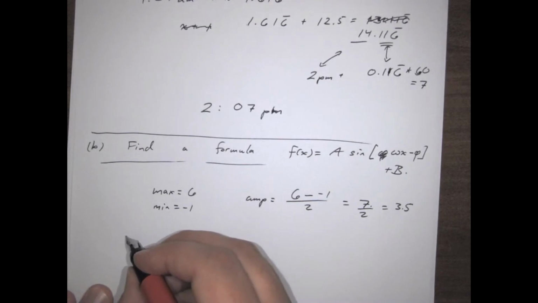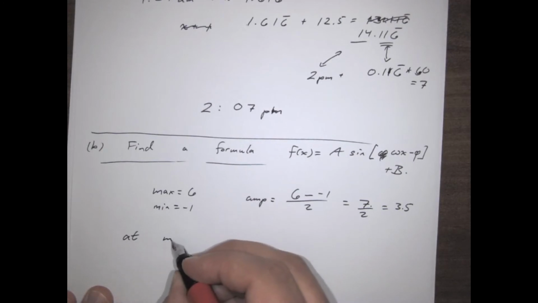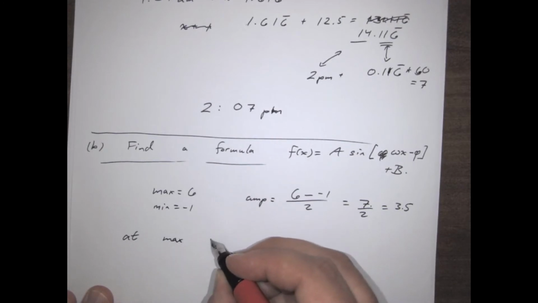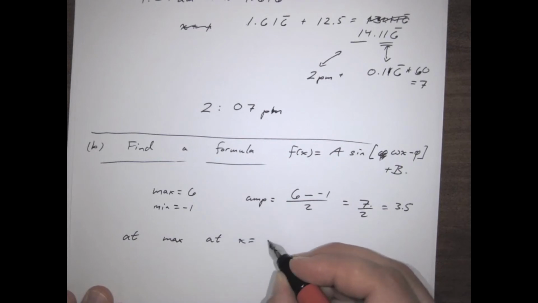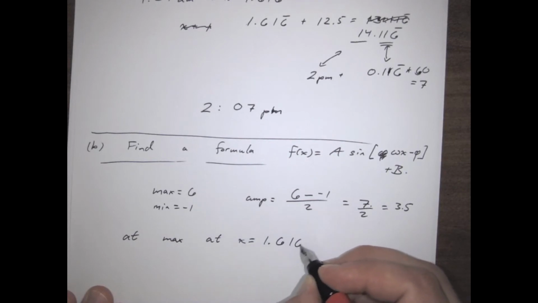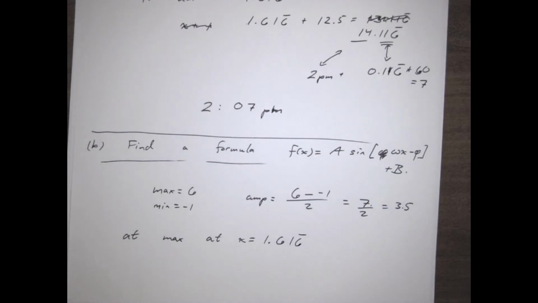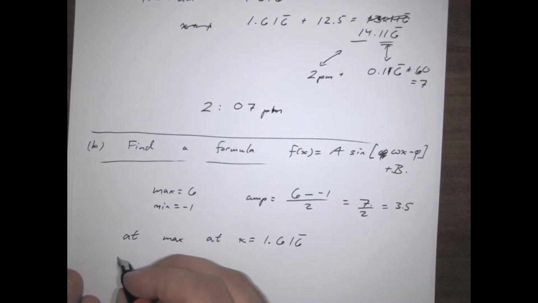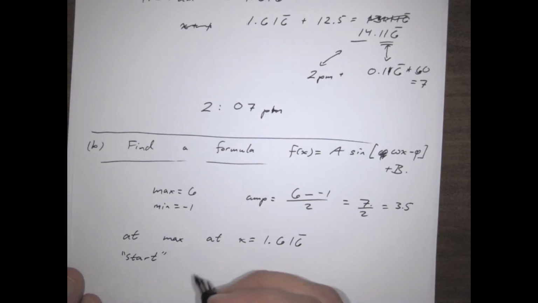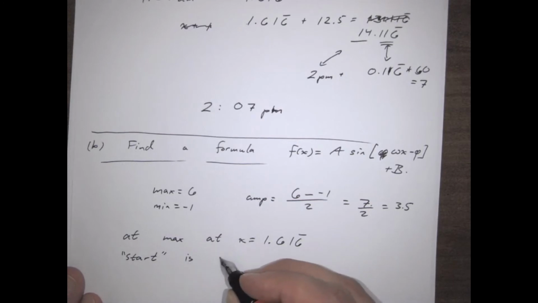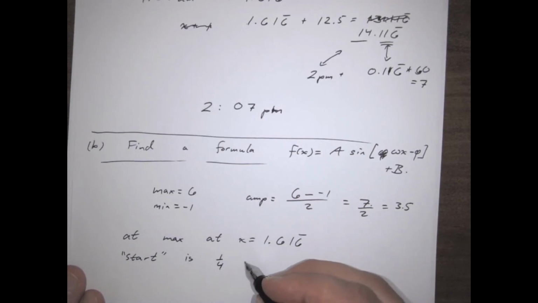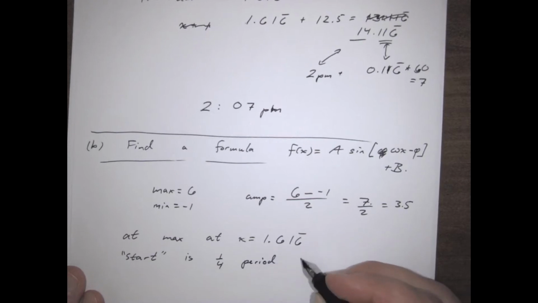Now we know it's at the maximum at x equals 1.61666666. So that means a quarter cycle before that, it must have been at its midline, which is the usual starting place for sine. So the start is 1/4 period before that.